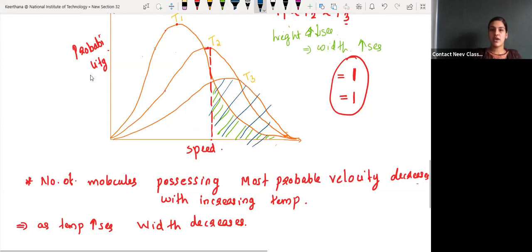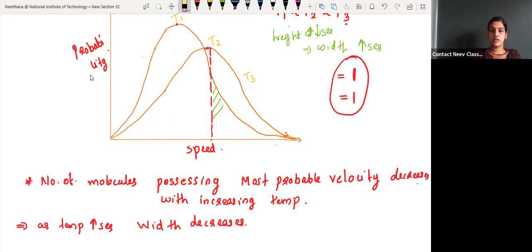Okay, I will just delete one curve to compare. If I'm drawing three curves, it would be very difficult. So I will just delete T3. So if you're comparing width, this is the area and this is the second curve area.